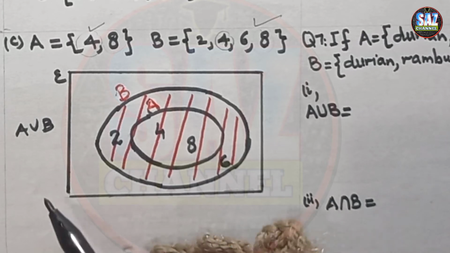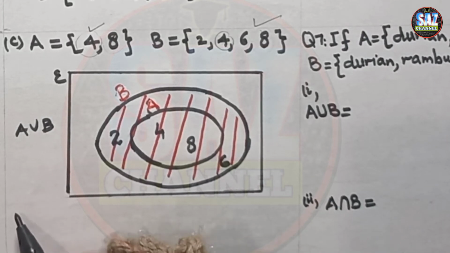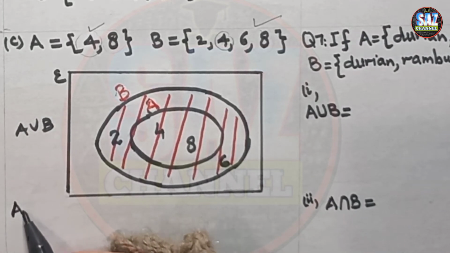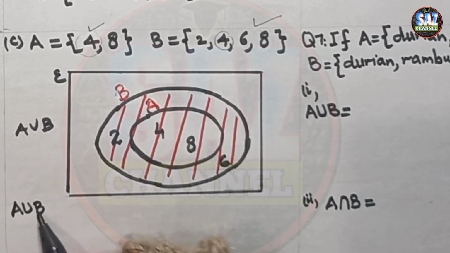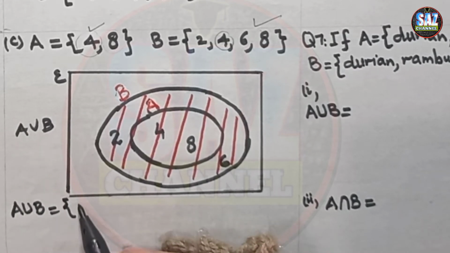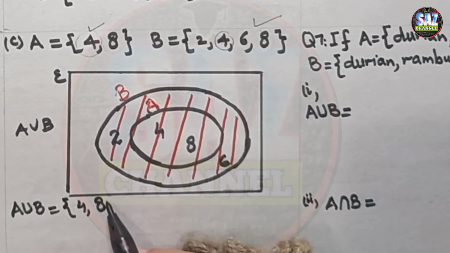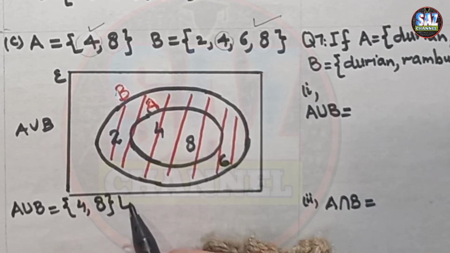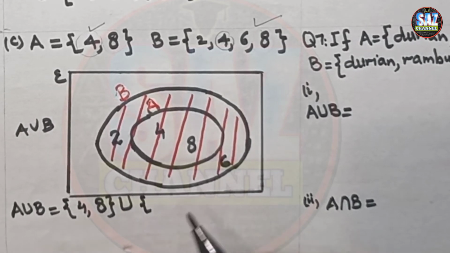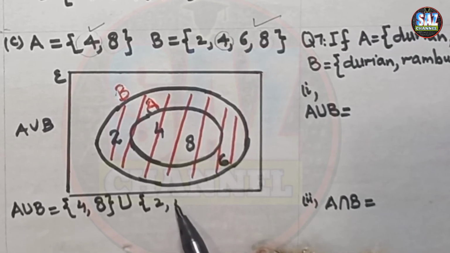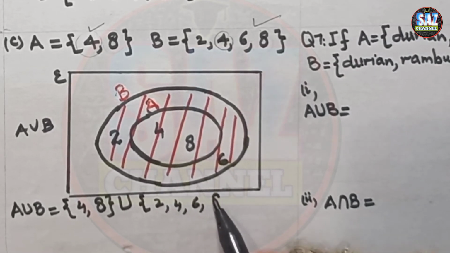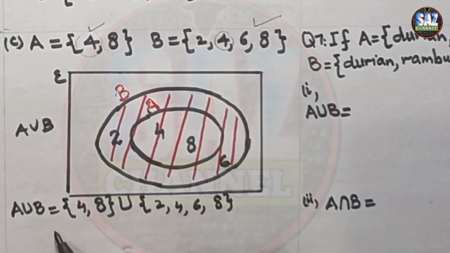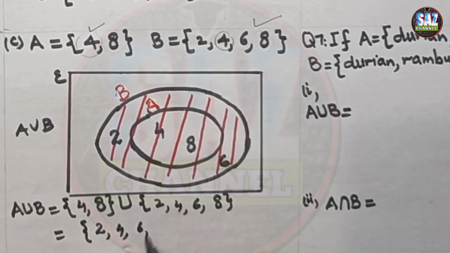And now in order to find the union with the help of the formula, I will be writing A union B equals to 4 and 8, and then I have to put the union symbol, and then 2, 4, 6 and 8. And then I have to write the elements in sequence, and the answer will be 2, 4, 6 and 8.